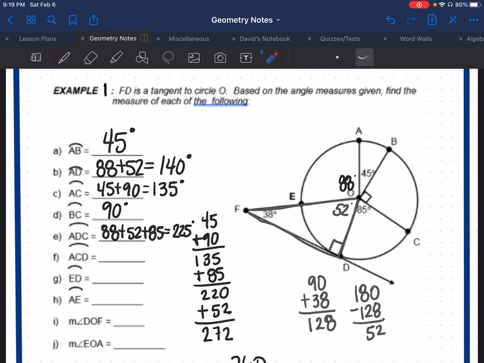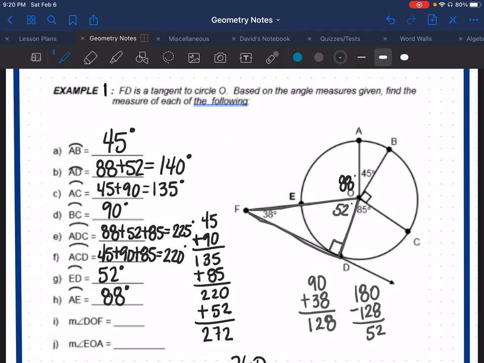And then ACD, so now we're going to go A to C to D. I've got 45 plus 90 plus 85, and that would be 220. E to D, that's the 52, because remember they match the central angle. And A to E would be 88.